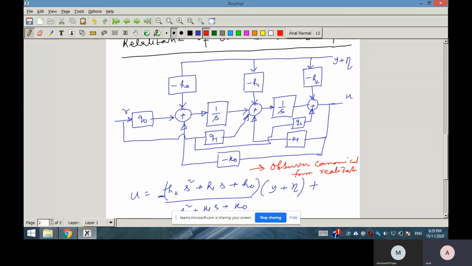Some are integrators, some are gain blocks. It is a minimal realization. You can see only two integrators are required, so that's why it is a minimal realization.